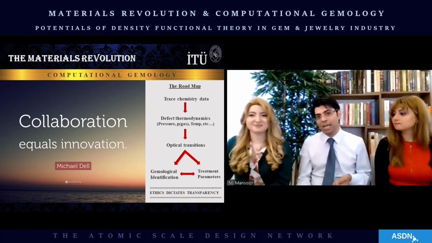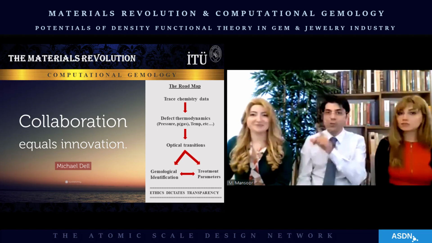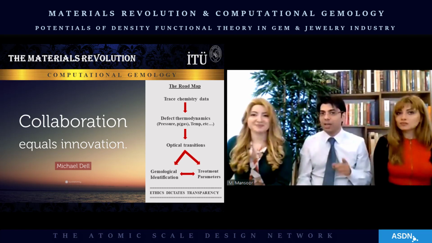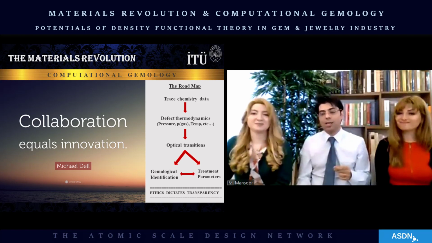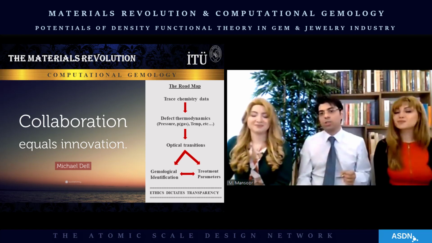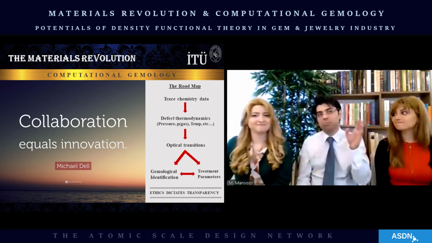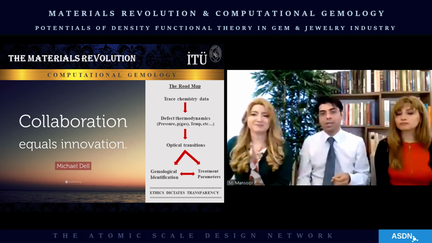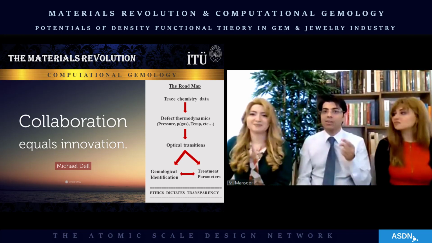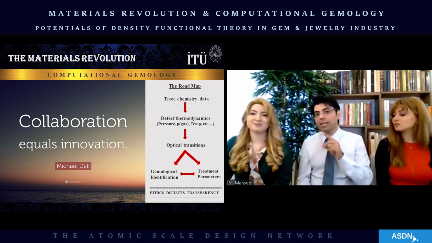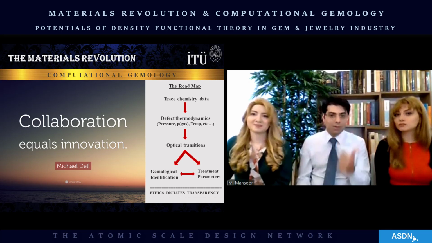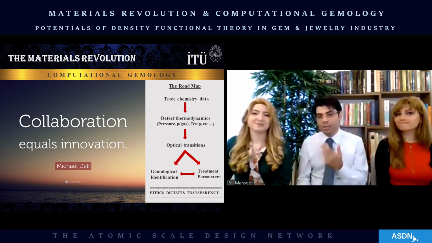And here is a roadmap that we would like to propose. That is, using the trace chemistry data, which has been mapped out quite beautifully by many of the gemological laboratories on a huge number of gems and different crystals. And we should follow that with the calculations on defect thermodynamics as a function of absolute pressures, partial pressures, temperatures, and so on.